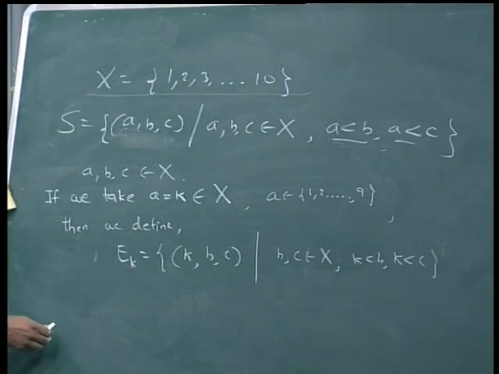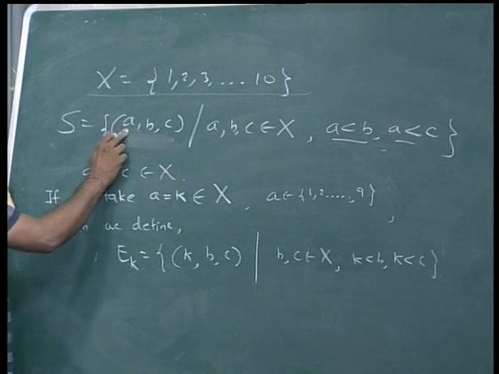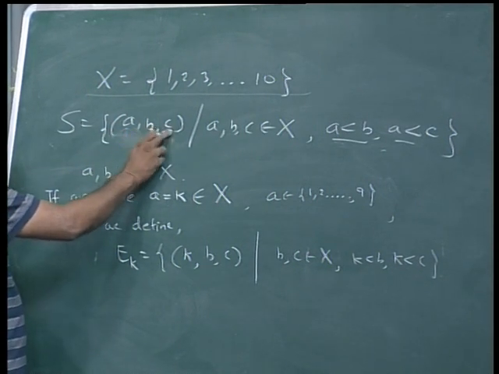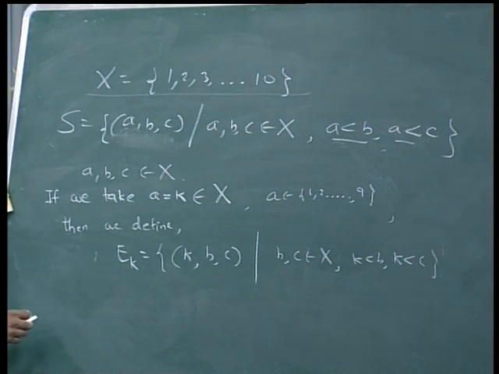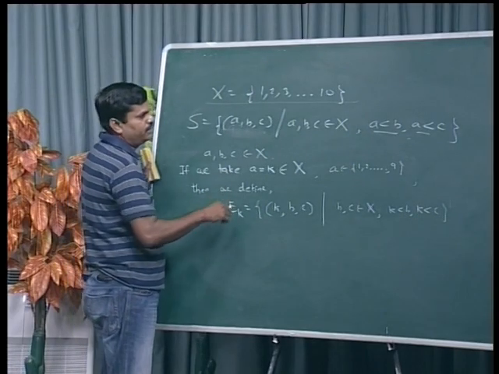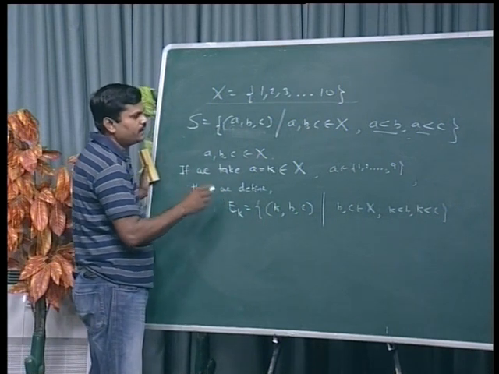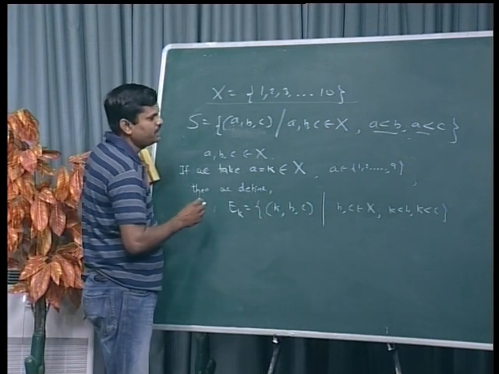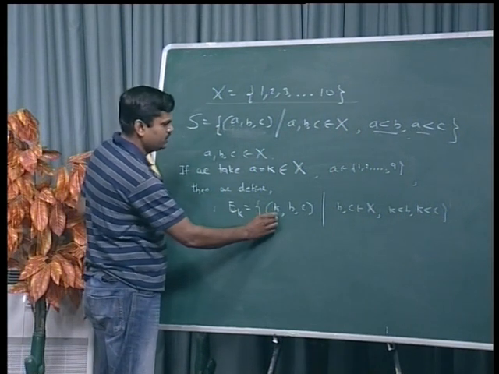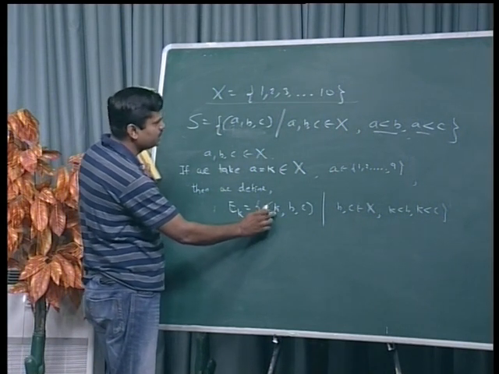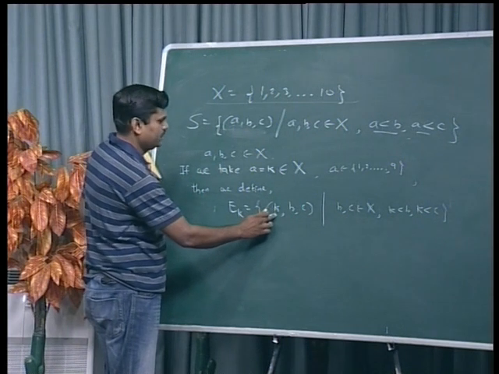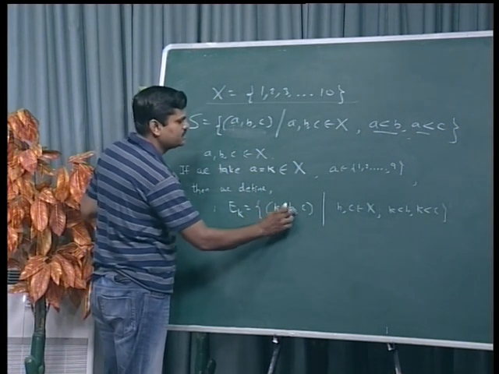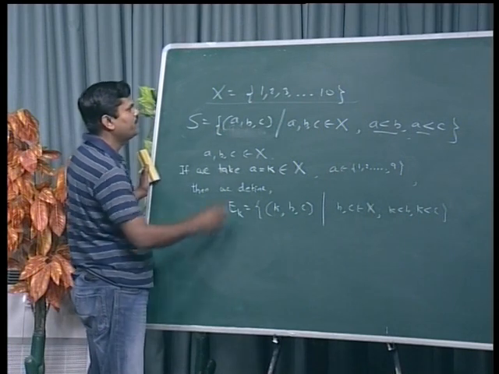So what can you say about this EK? For K equal to 1, B and C can be selected in how many ways? If I take K equal to 1, then I can select B and C in the remaining 9 ways.